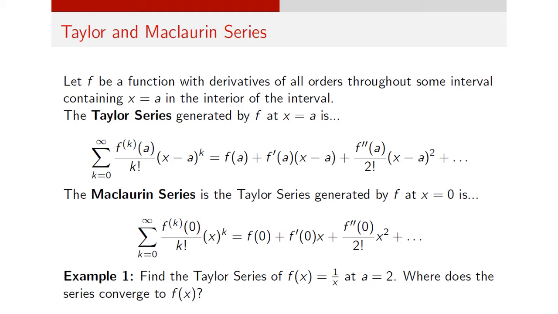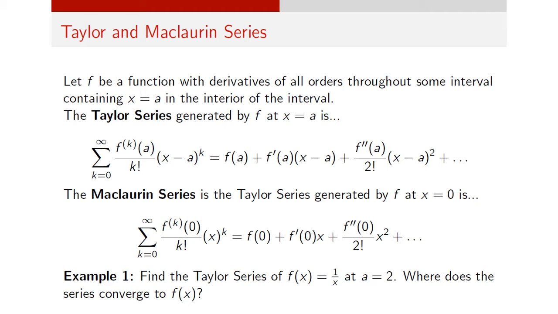When k is 3, which would be the next term here, I'll have the third derivative evaluated at a, divided by 6. 6 is 3 factorial, times (x minus a) cubed, and so forth forever, since this is a series or an infinite summation.